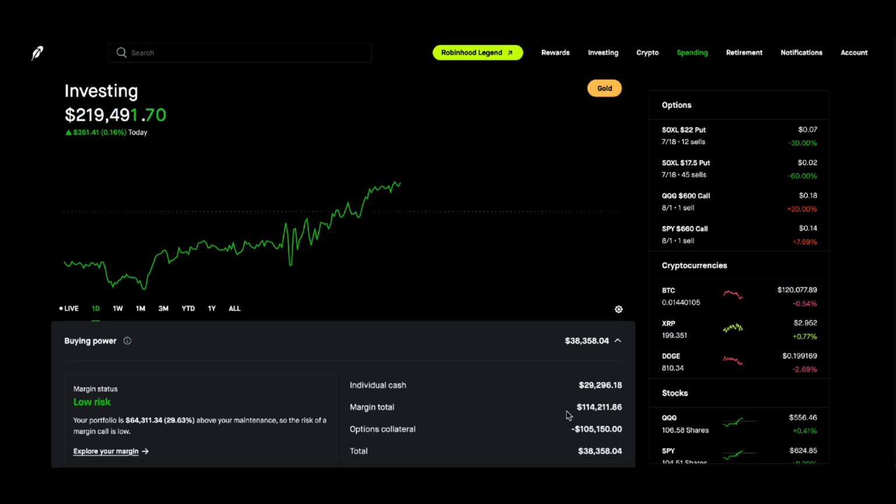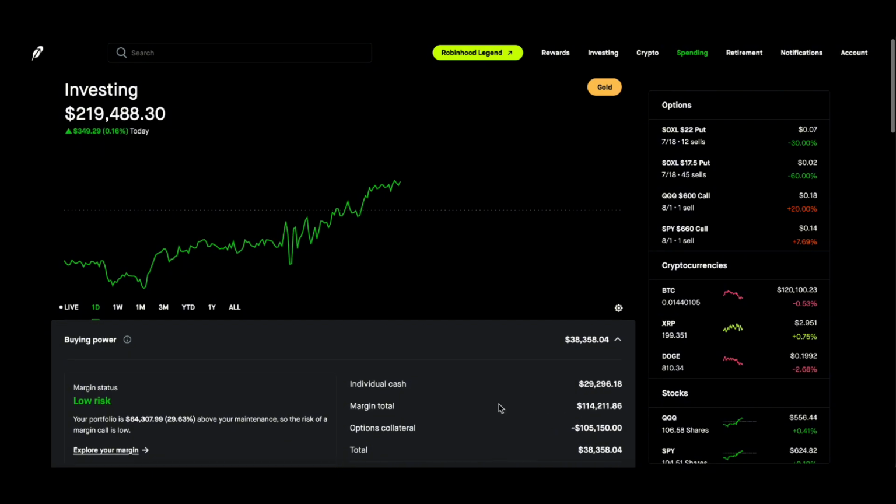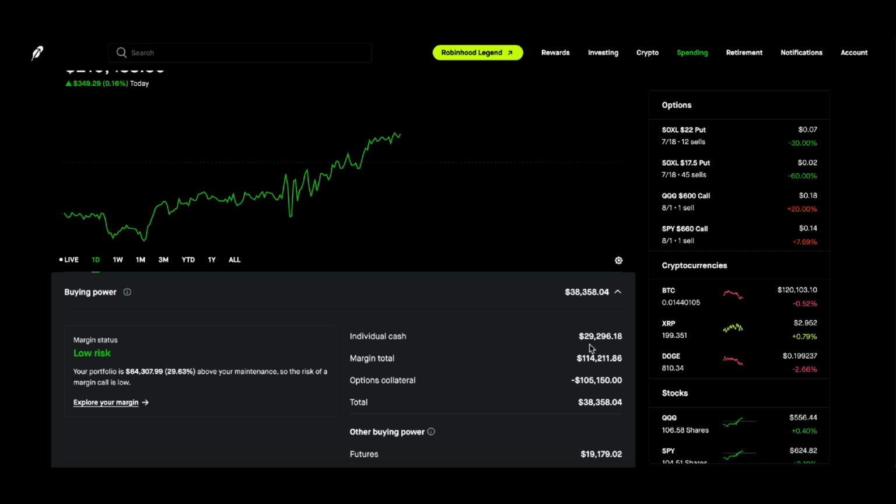So I can borrow or take a margin of roughly $220,000. Here, what you see is I have individual cash of roughly $30,000 and my margin total is $114,000. I'm using $105,000 as options collateral.